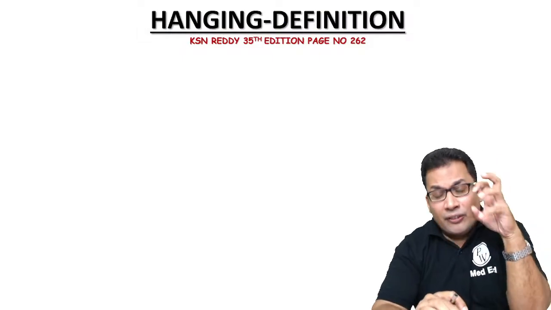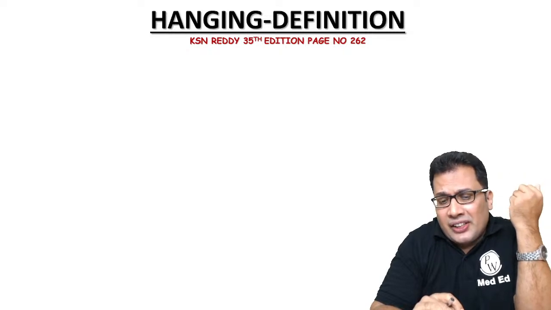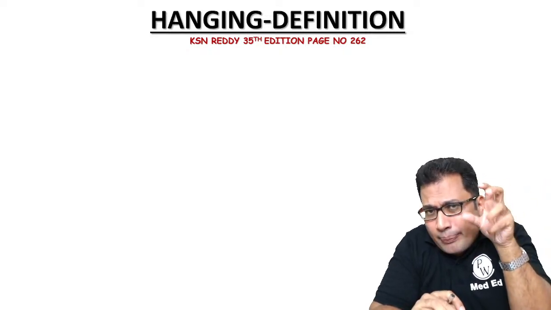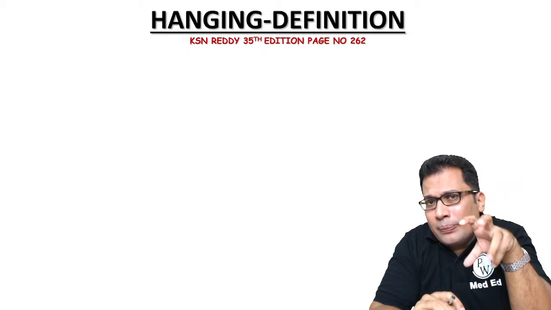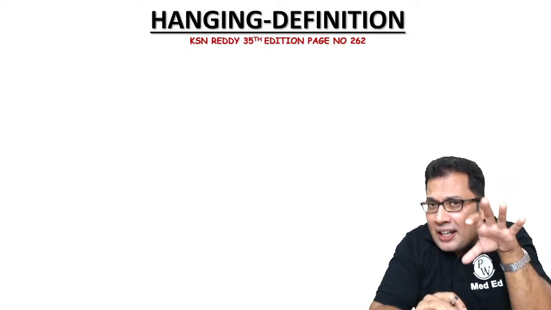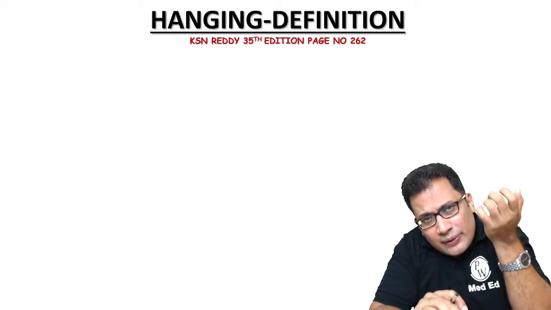So what is the definition of hanging as per K.S. Narayan Reddy, 35th edition, page number 262? You need to define properly. What matters in your theory exam is the proper answer, the proper definition, and the proper findings from the standard textbook. The concepts are very important in theory exam as well as MCQ exam.